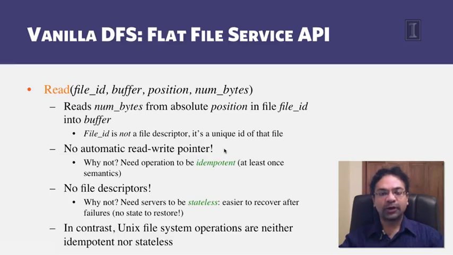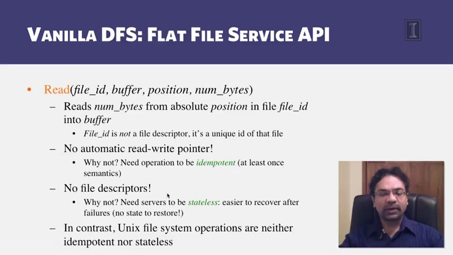You want the operation to be repeatable without any side effects, and that's why you want to do a read at an absolute position. So this read operation can be repeated multiple times, and it will result in the same end effects without causing any extra side effects.